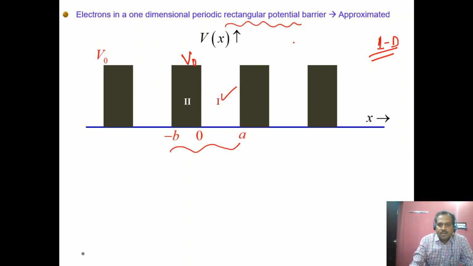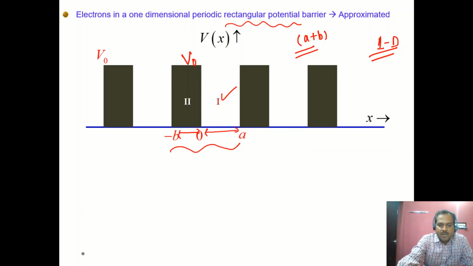So the periodicity of the crystal in this case will be a plus b. This one is a plus b, which is repeated periodically to generate the entire crystal.